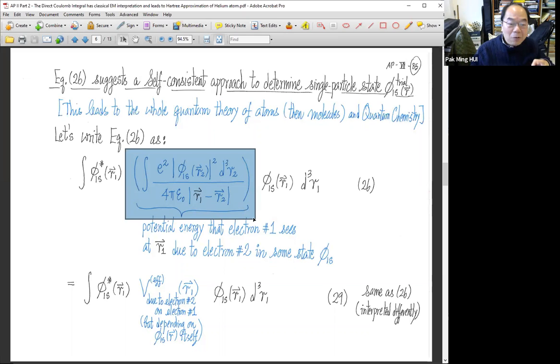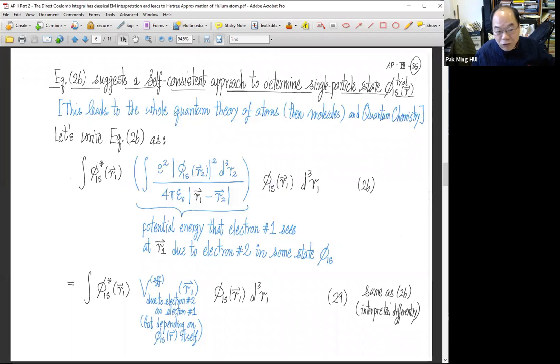Once we grab this and write down a Schrödinger equation, a very interesting thing comes out. We want to solve for this thing, but the potential energy function relies on the answer.